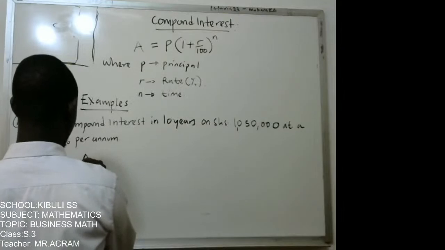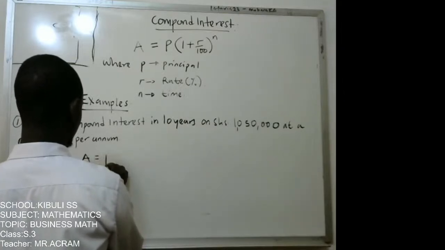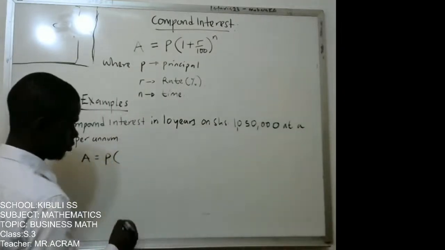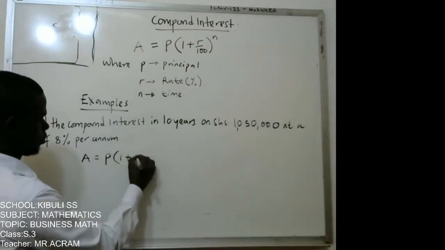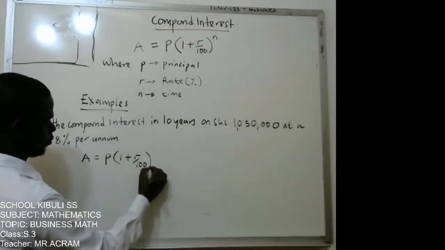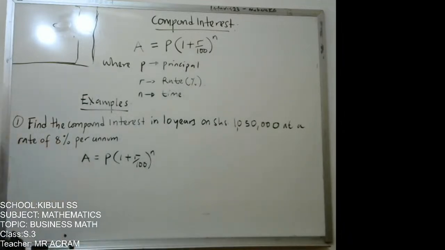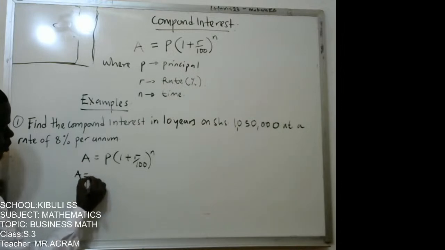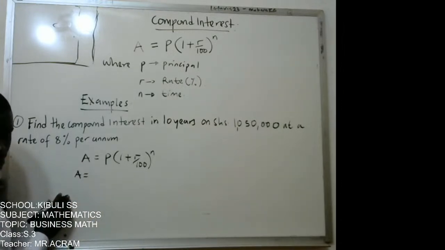Amount is given by P into 1 plus R over 100. So our amount is going to be equal to, what is the principal in this case? The principal is the money that you are borrowing, not so?